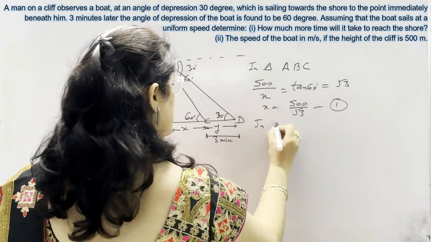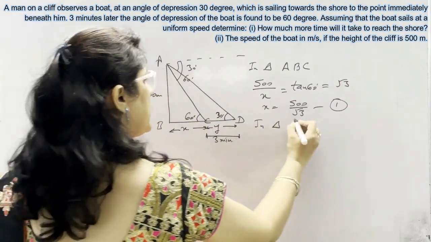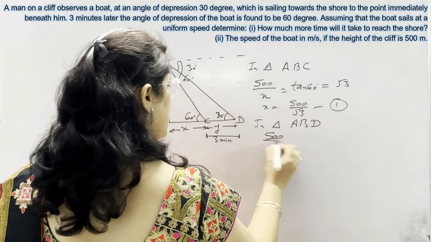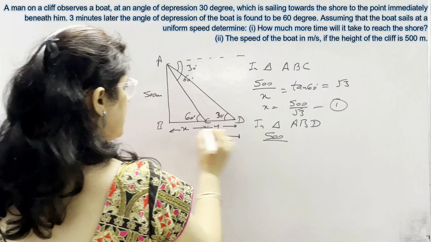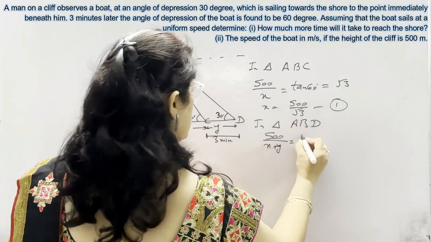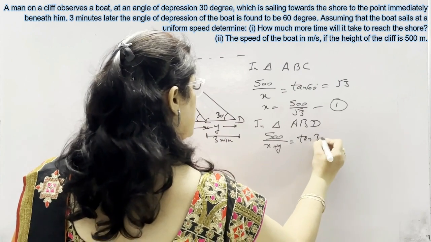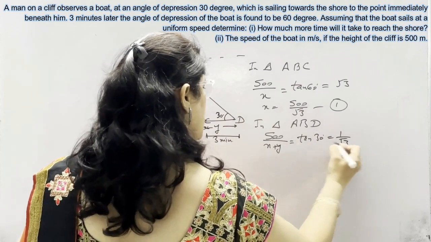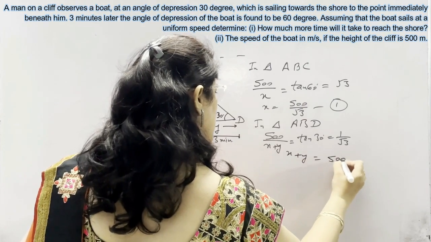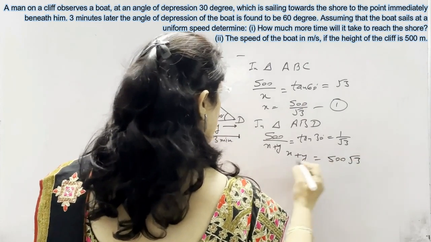Now second equation, in triangle ABD, height remains same, perpendicular is same 500 and base is x plus y and its value is tan 30. It means 1 upon under root 3. So x plus y is equal to 500 under root 3.